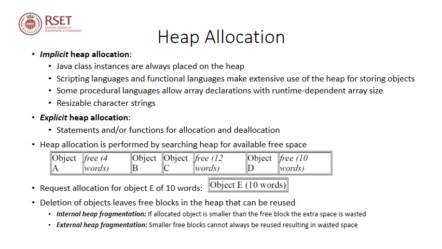Then that free 12 words block will be used for storing object T. So it will be allocated to that particular process. Notice that this will lead to internal heap fragmentation. Since the allocated object is smaller than the free block, the extra space of 2 words will be wasted. In external heap fragmentation, smaller free blocks cannot always be reused, resulting in wasted space.